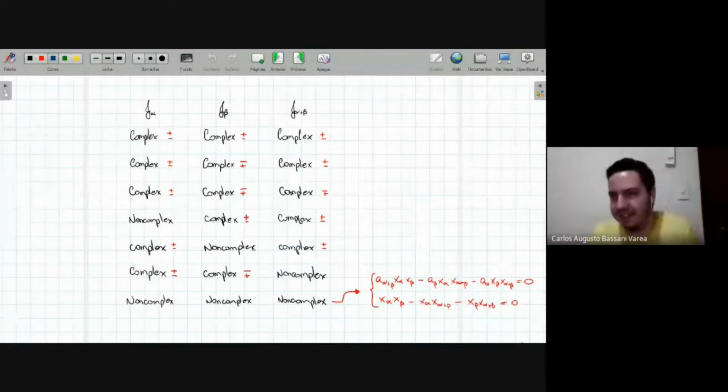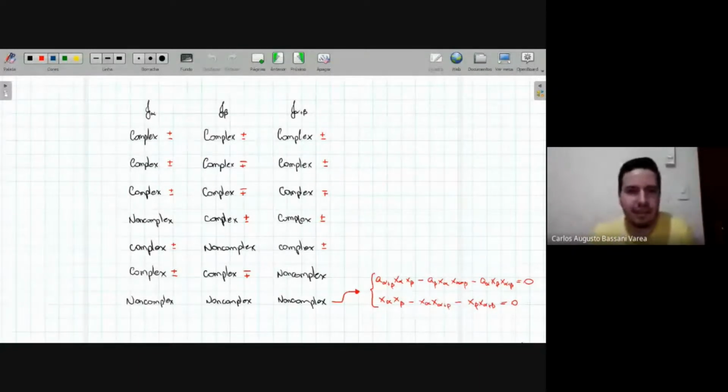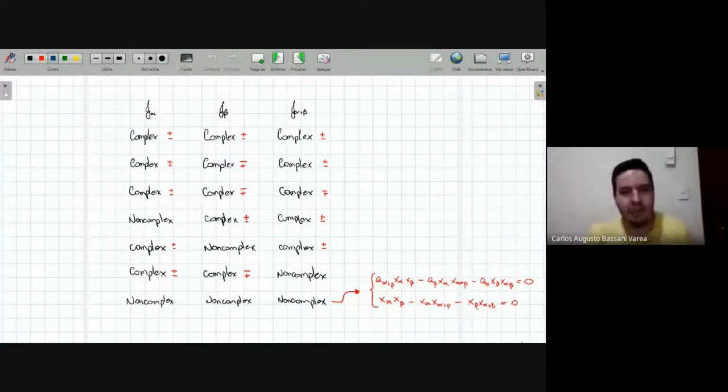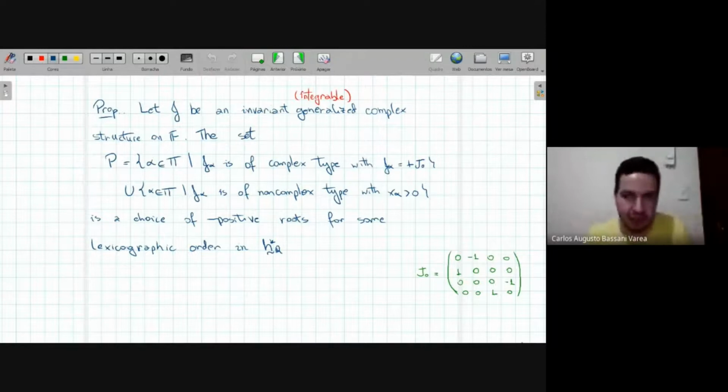And he said, okay, let's look for some pattern, some kind of regularity, and try to write these results as propositions and theorems. So we started to work on this, and we got this result, which is a key result for the following theorems that I'm going to show. This proposition says the following.